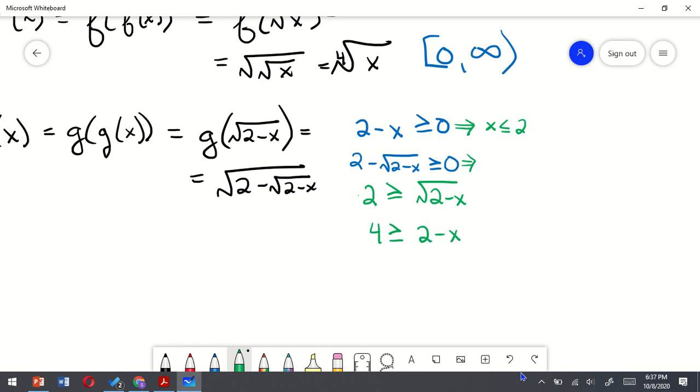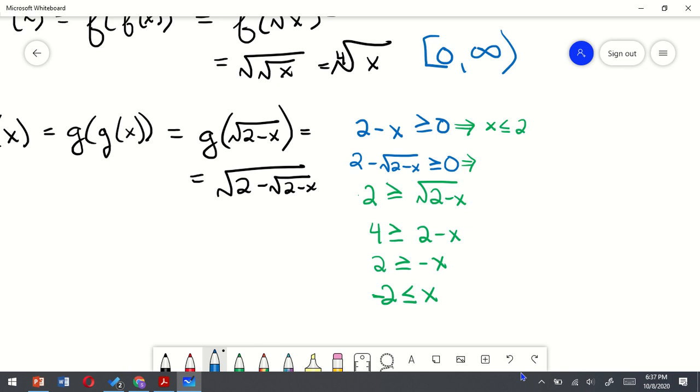And then we can solve this inequality, and it tells us that, right, you could add x to both sides if you want to do it that way, or subtract 2 on both sides, which will say 2 is bigger than or equal to negative x, multiply by negative 1 on both sides, which means we flip the sign around. It means x is bigger than or equal to negative 2.